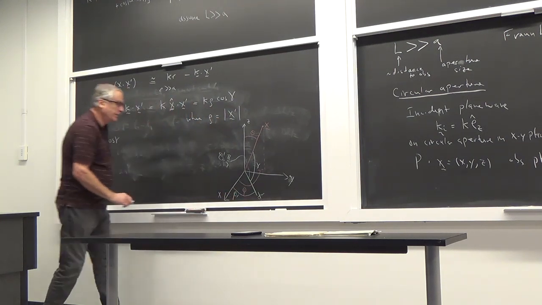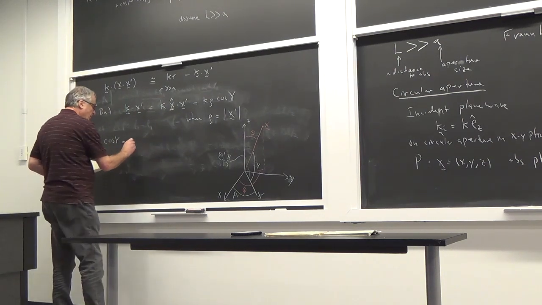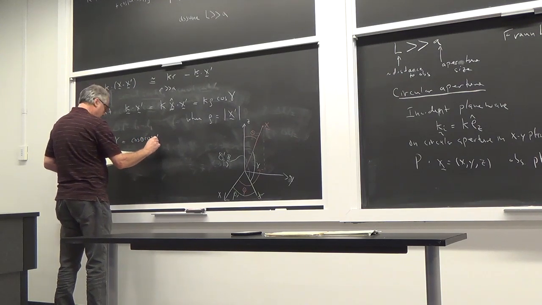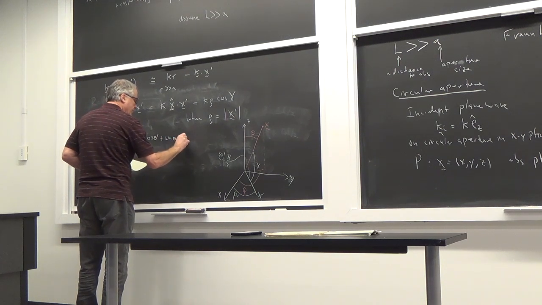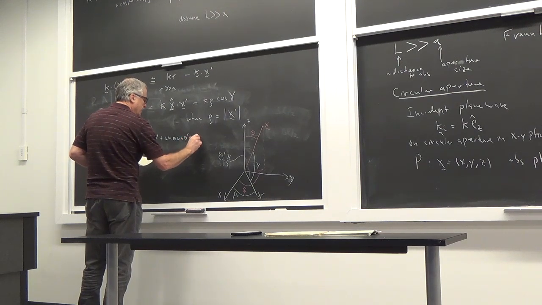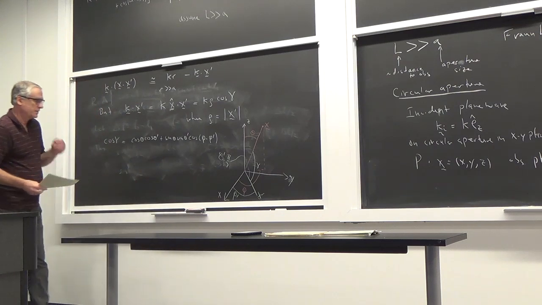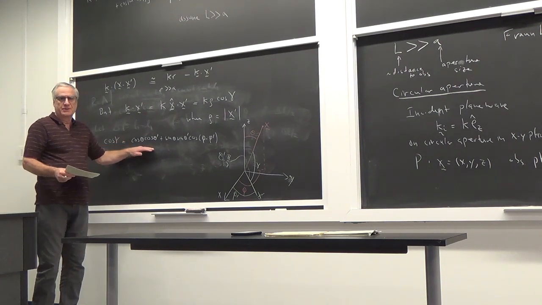And so cosine gamma we can write as cosine theta cosine theta prime plus sine theta sine theta prime cosine of phi minus phi prime. So that's the general formula for the cosine of the angle between two vectors, given their polar angles.